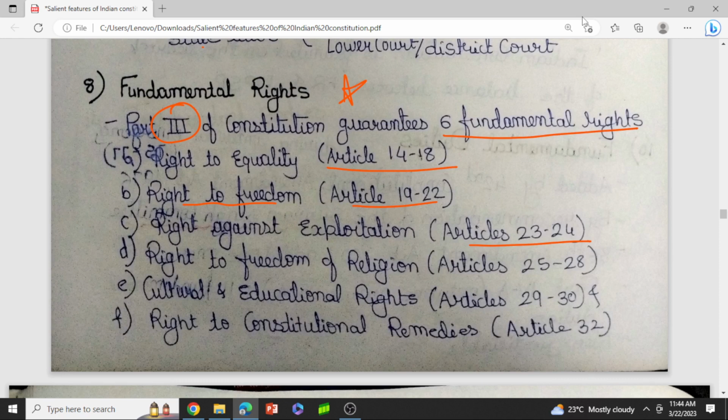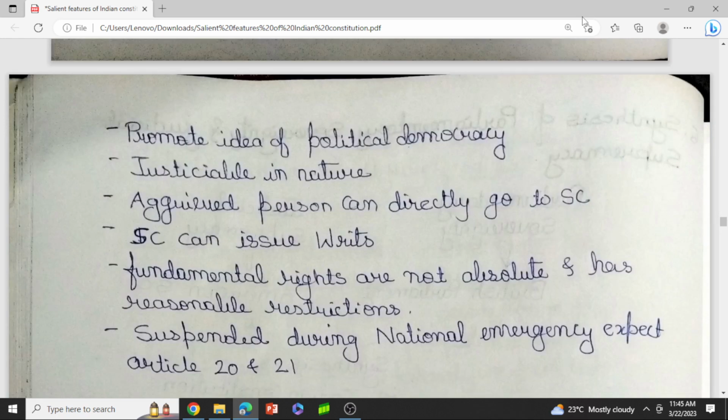These fundamental rights promote the idea of political democracy and are justiciable in nature. What is political democracy? We have justice, which should be social, political and economic. As a citizen of India, I should have the freedom to express, to talk, to roam around.